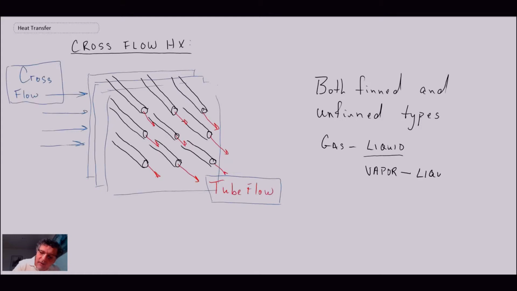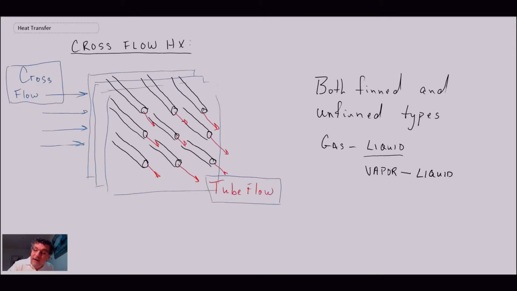And I guess you could also be going through a phase change the other way, from liquid to vapor, depending upon the particular design. But anyway, typically gas to liquid, that is the cross-flow heat exchanger. So it's another type of construction. And again, you can have different flow arrangements, depending on if it's mixed or unmixed, if you have fins or no fins.